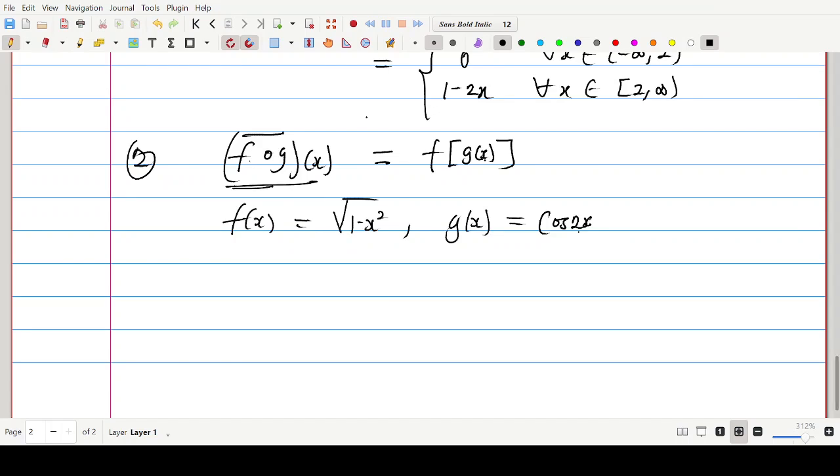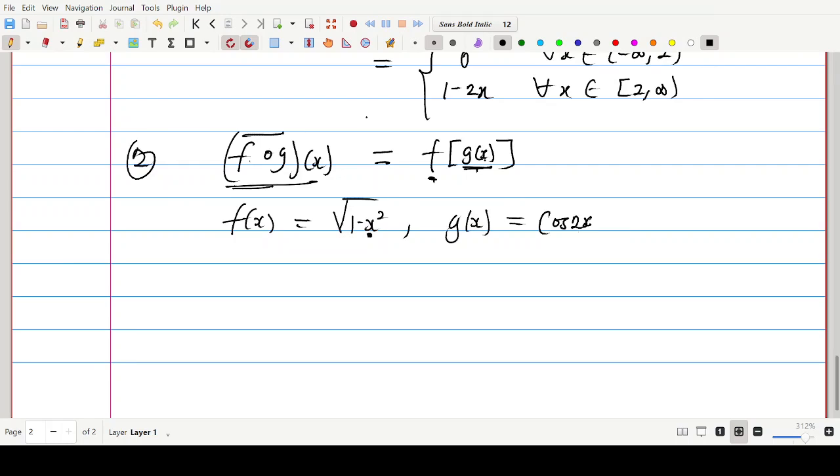Now, to find this, observe that g of x is to be in the domain of f. Now, if g of x should be in the domain of f, look at what I'm going to talk about. This g of x is supposed to take the position of x here, all right?